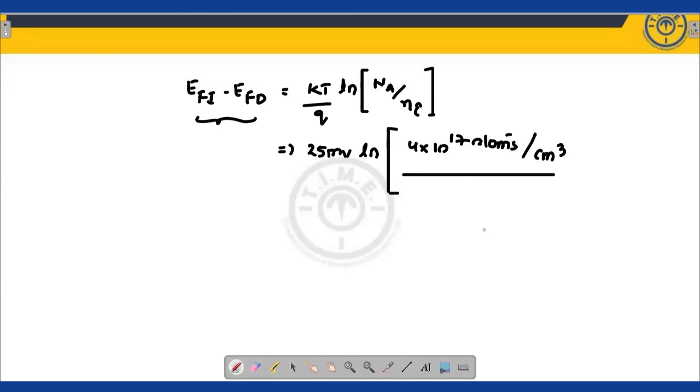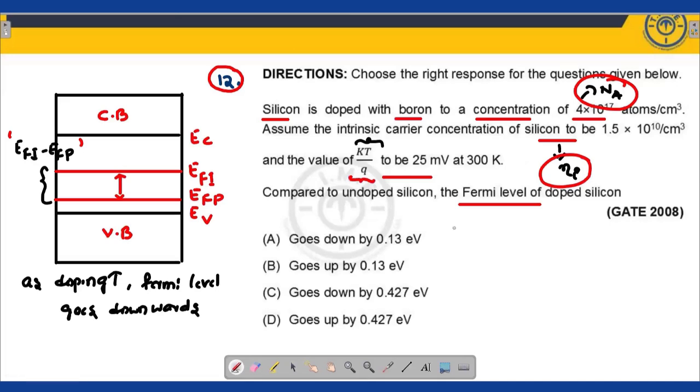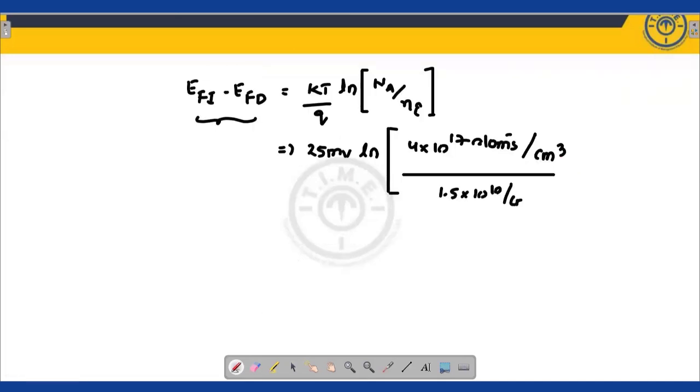Intrinsic concentration is equal to Ni, and that particular value is also pretty important, my dear friends, which is equal to 1.5 into 10 power 10 per centimeter cube. Then you are getting this value is equal to 0.427 electron volts. But here, what I told you, as doping increases, the Fermi level goes down.